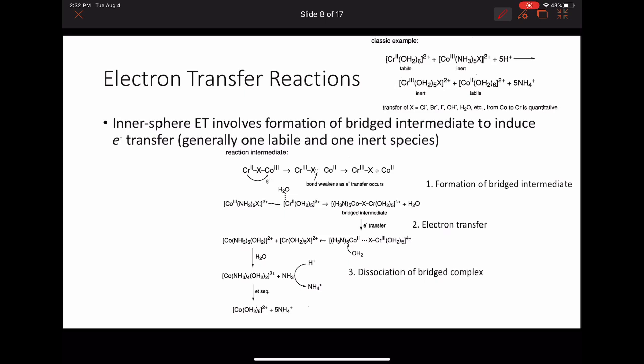So we have X is transferred over to chromium, and water is transferred over to the cobalt, in addition to the transfer of one electron from chromium to cobalt.